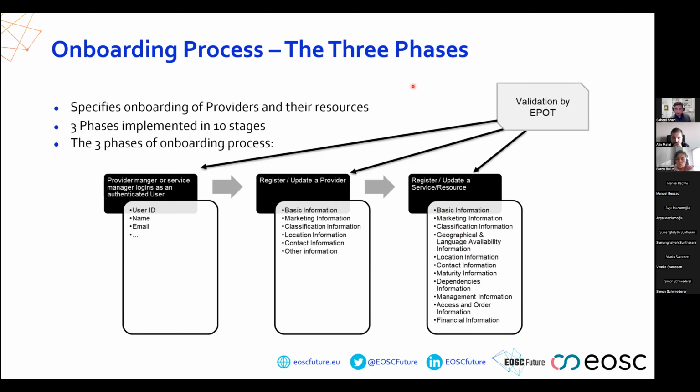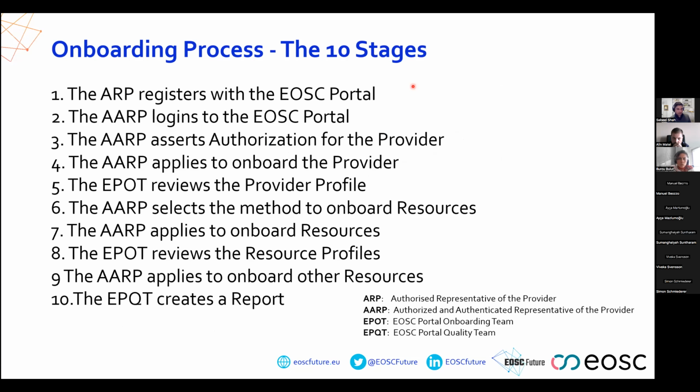These three phases are divided into 10 stages, and we will go through each of these 10 stages one by one. So at the end of this, you will know the whole process of onboarding the provider as well as the resources.